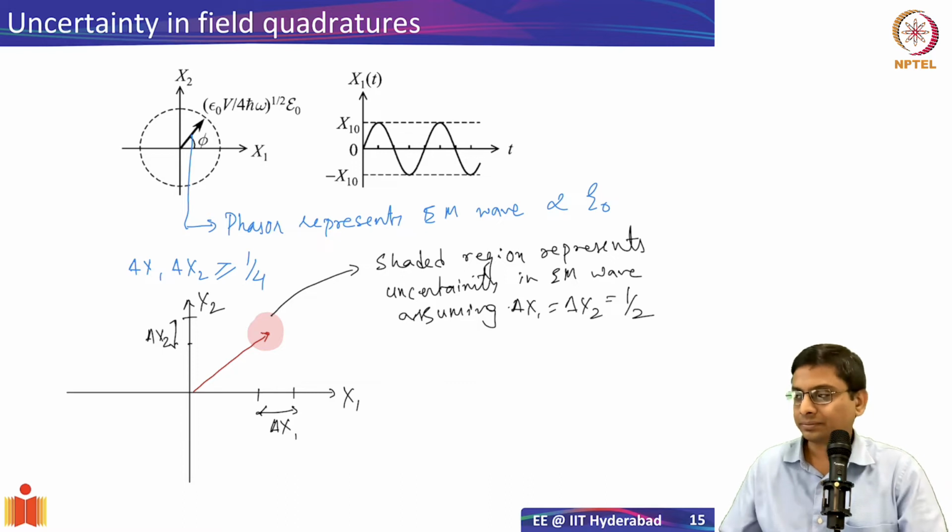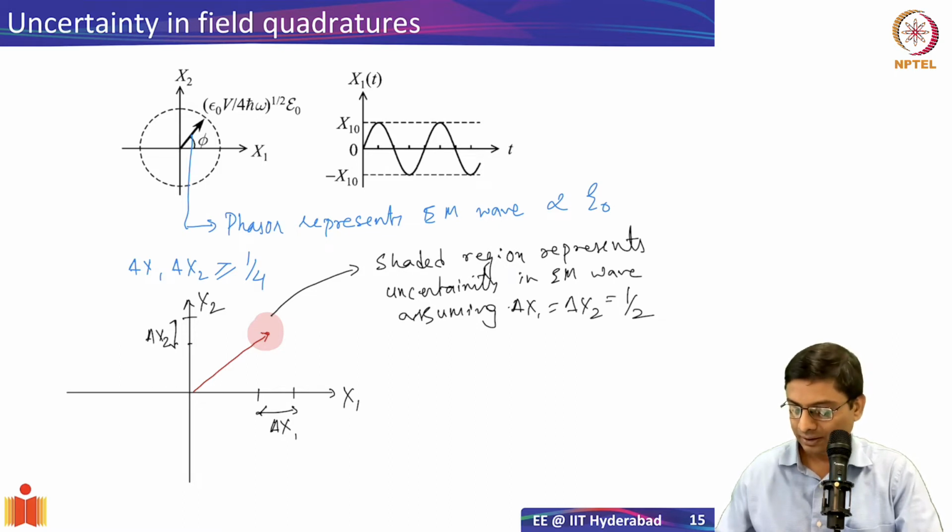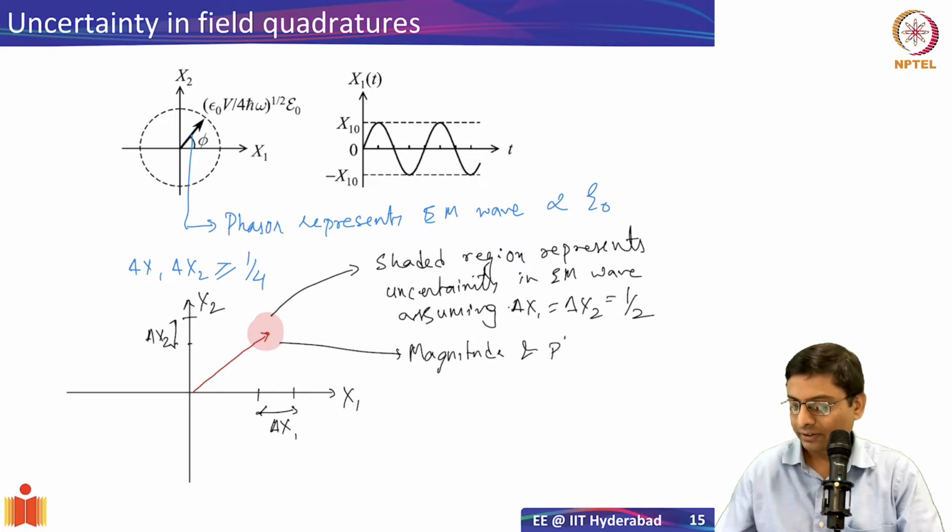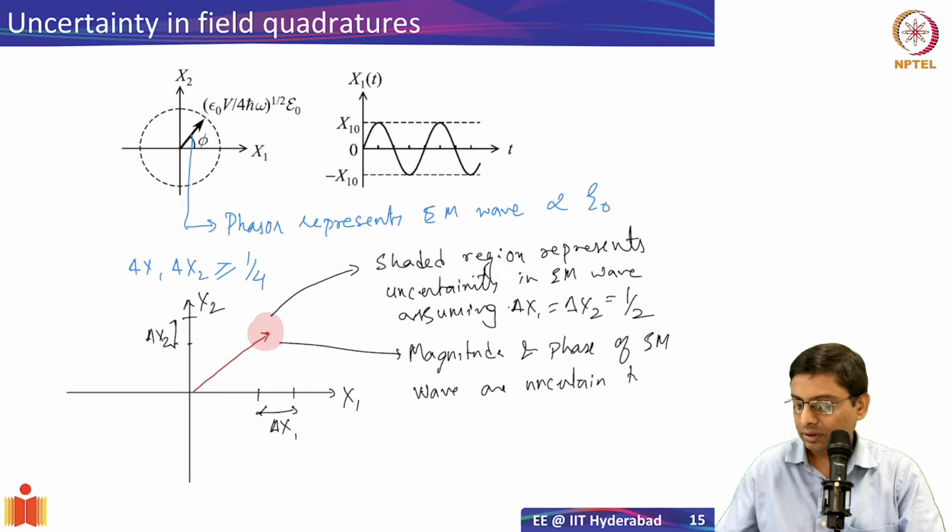So what does it mean? It means that this region of uncertainty in the quadratures means that the magnitude and phase of the EM wave are uncertain to an extent.